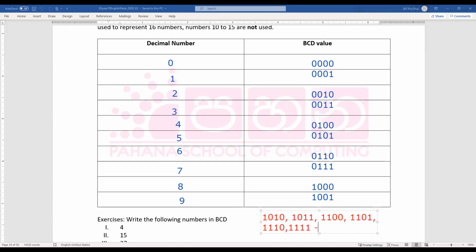So these are not valid BCD numbers. Make a note of that. Very important.